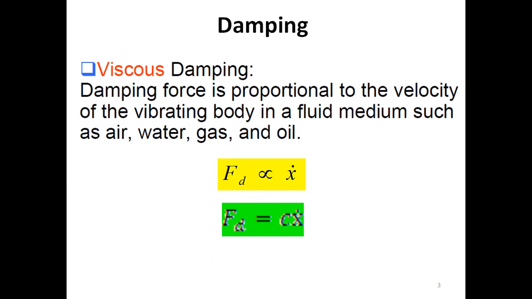Since the damping force is directly proportional to velocity, this is classified as linear damping, and the damper that we would be modeling is called the linear damper.